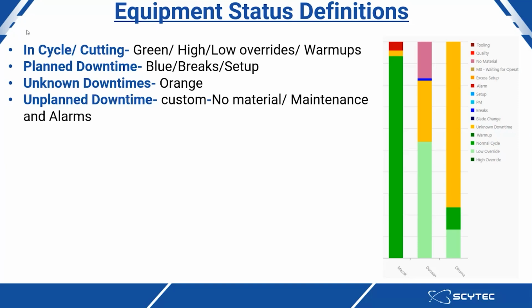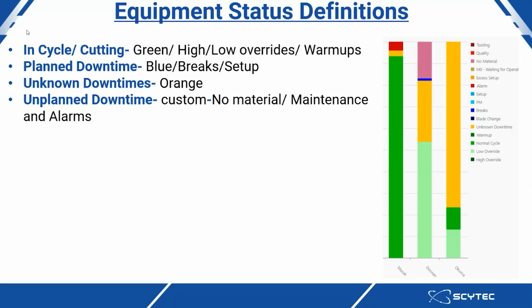Let's just say that this has been for a week or so, and we can see that that Mazak has been in cycle for most of the time. And then you can see the other corresponding machine colors and what they are representing over on that right-hand column. So we have tool, quality, no material, M0 pauses, excess setup, etc.